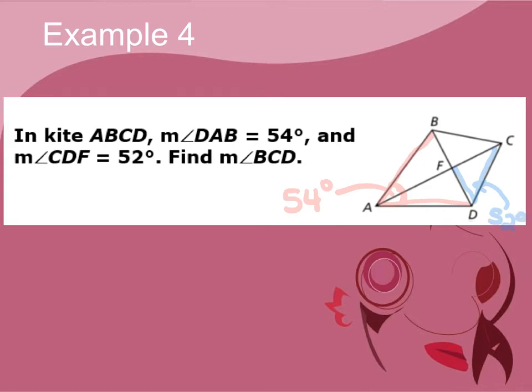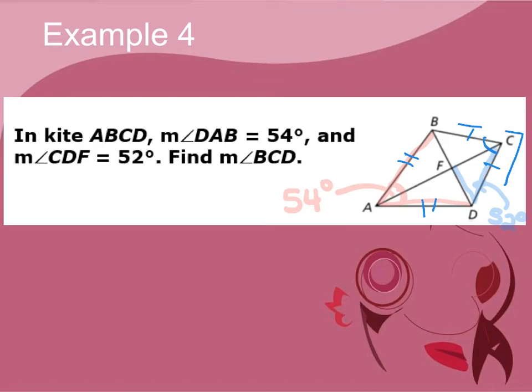Now, if you recall, by definition, a kite has two pairs of consecutive congruent sides. So I could add congruency marks here. Now, I can solve this problem to find the measure of BCD. No, I'm sorry, it's the big one up at the top. BCD is up here. So it wants me to find this angle right here.